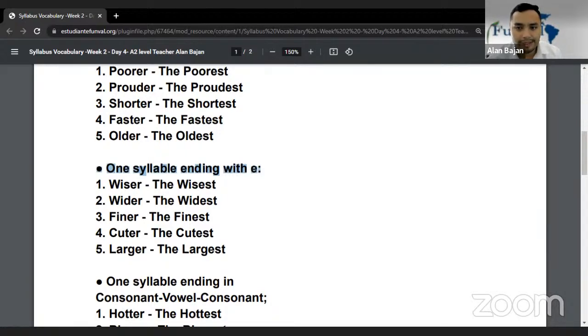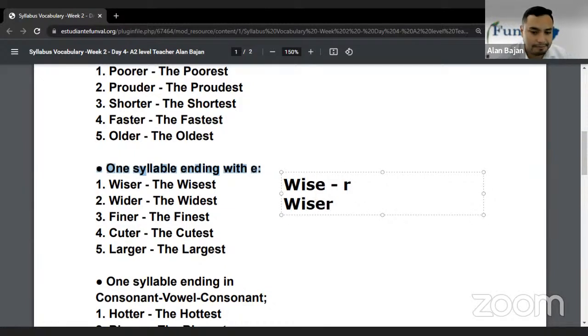But this adjective ends with the letter E. And what the rule tells us is that we simply need to add the R to build a comparative, wiser, and add the ST to build the superlative, wisest. That's what the rule says.